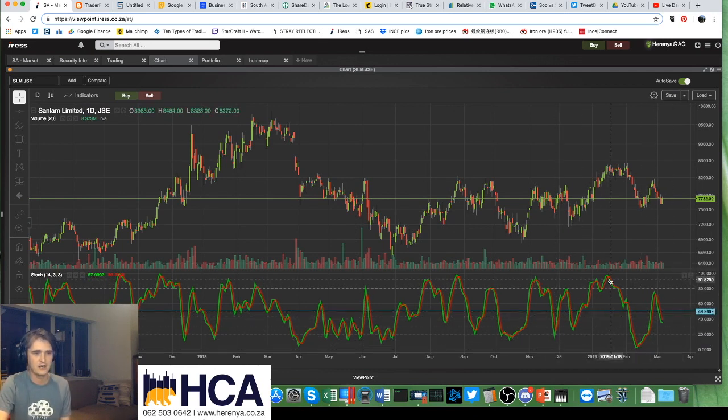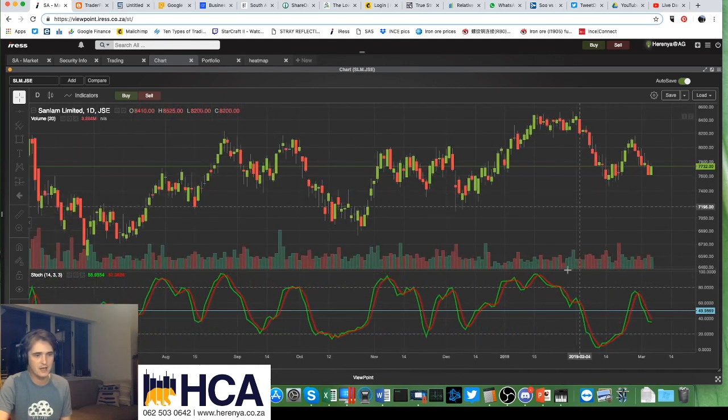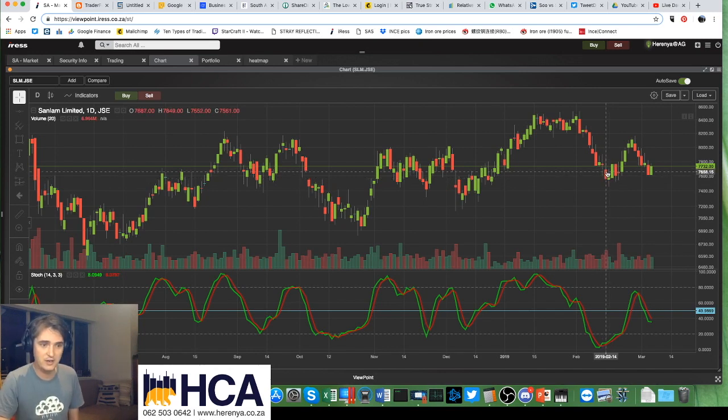A percentage D crossover of the percentage K line will be a sell signal, plus a move down through 80 will be a sell signal, and that could be a nice entry trigger here combined with a break of this range. That one actually worked like a bomb. Plus then we have the reversal or the buy signal there, and that closes you out at the bottom of this little trend. So stochastic is a bit more accurate than the RSI, it seems.